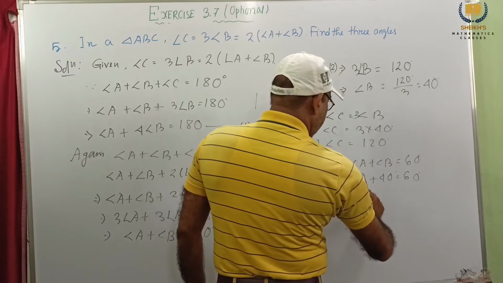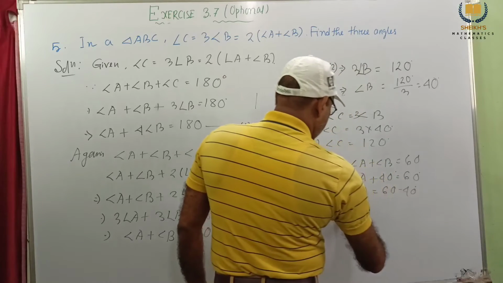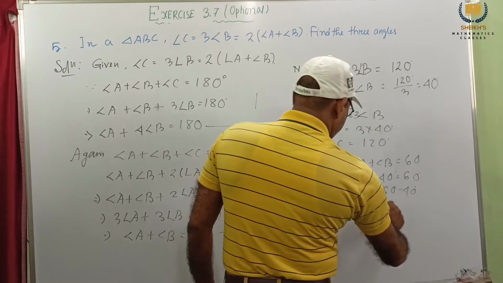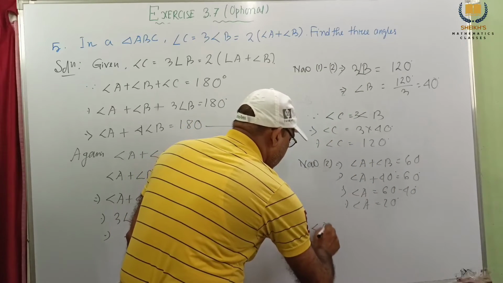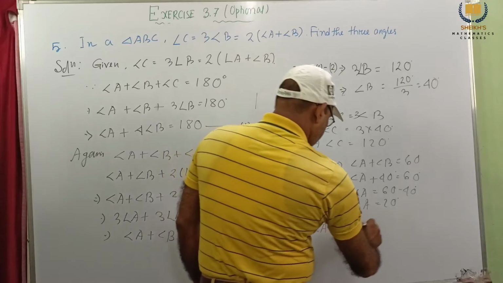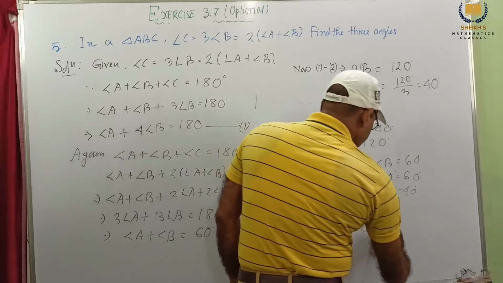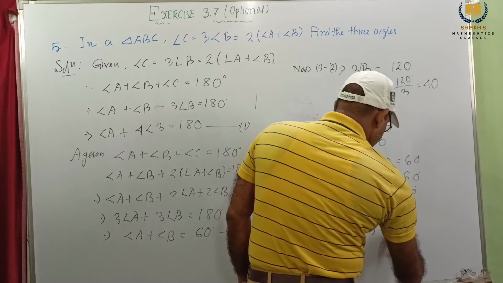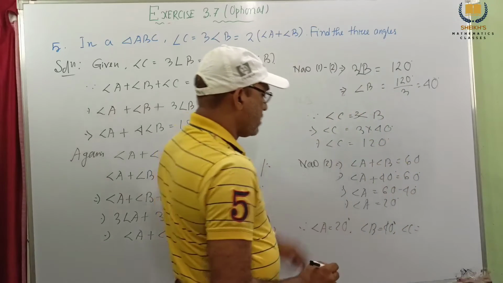And angle A equal to 60 minus 40. So angle A equal to 20 degree. Therefore, angle A equal to 20 degree, angle B equal to 40 degree, angle C is 120 degree.